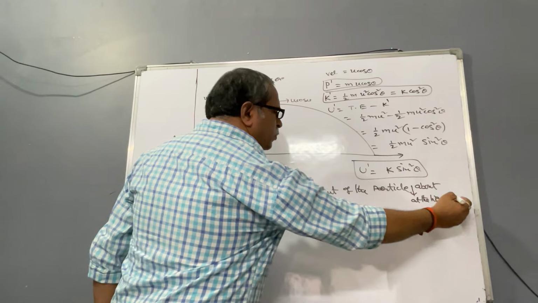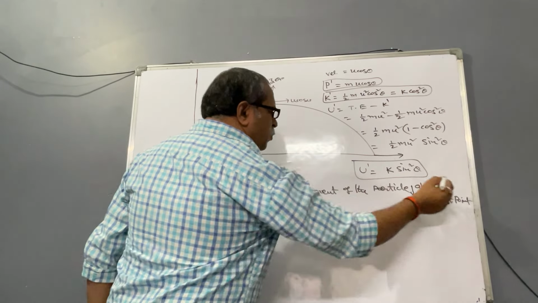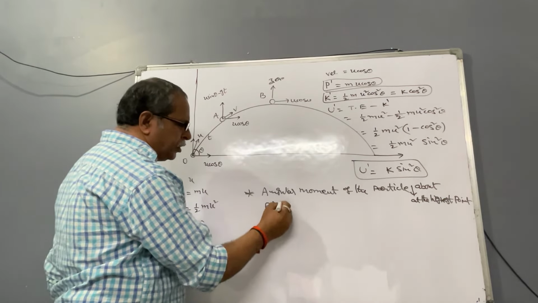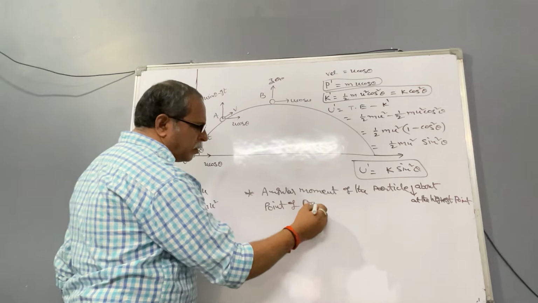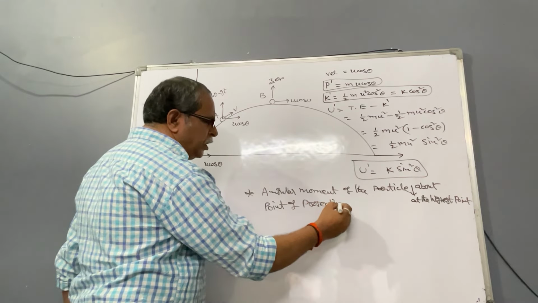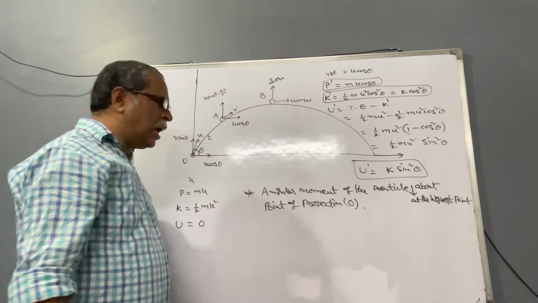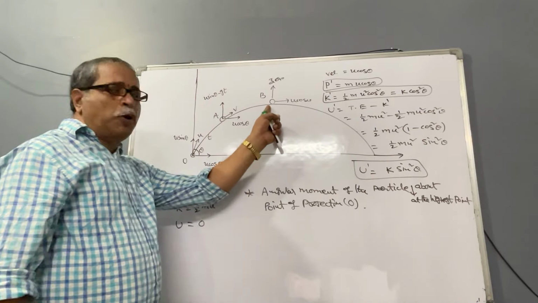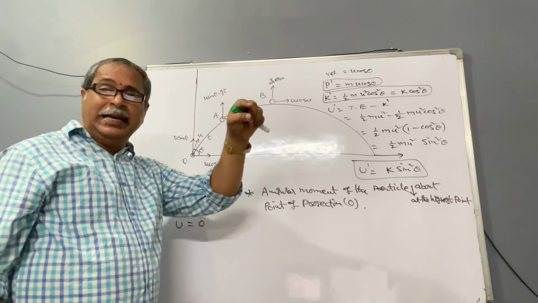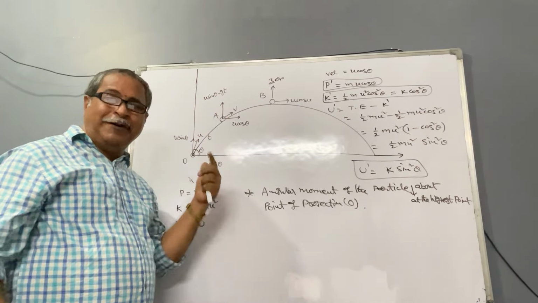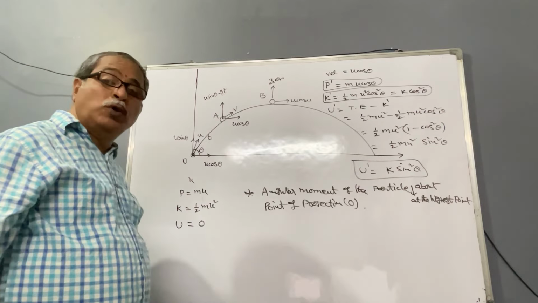The point of projection is O. We want the angular momentum of the particle with respect to the point of projection.